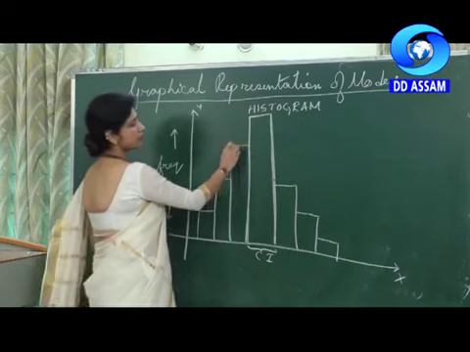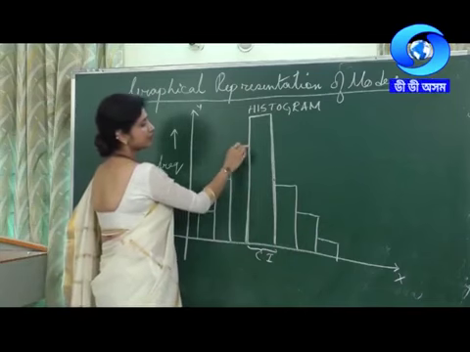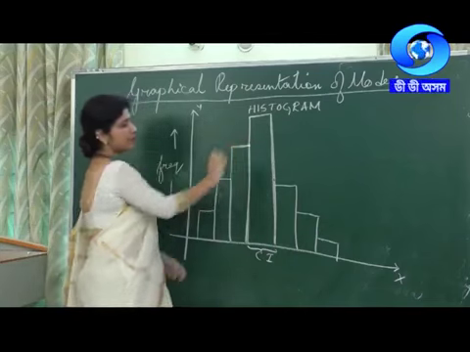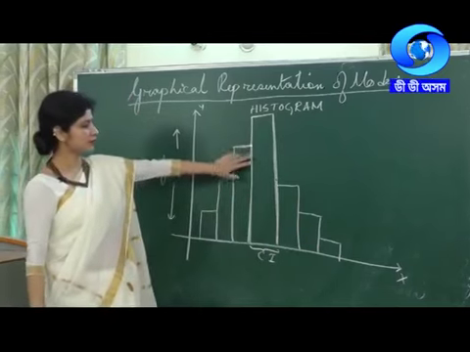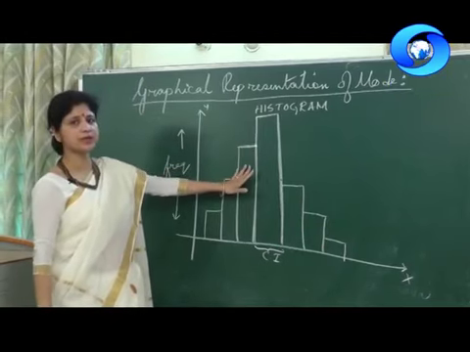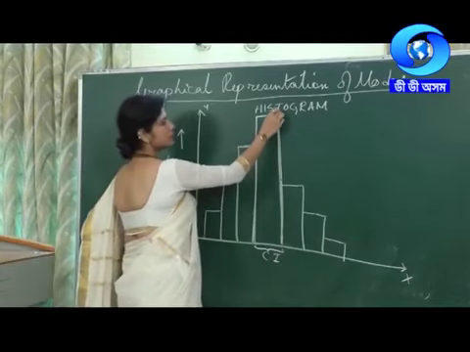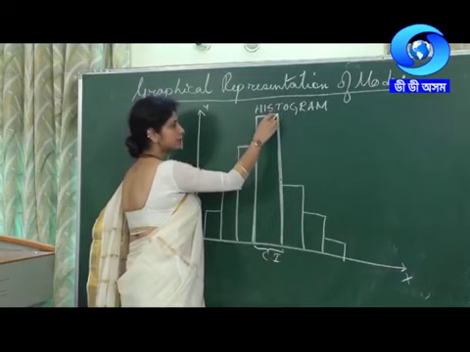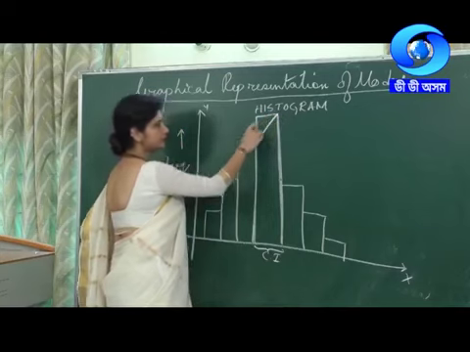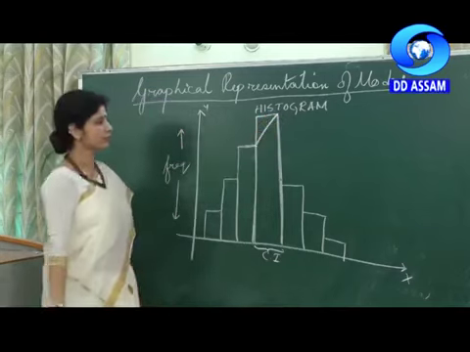What we do is, from the upper point of the preceding column of the histogram, we will draw a line to the opposite vertex of the tallest column.